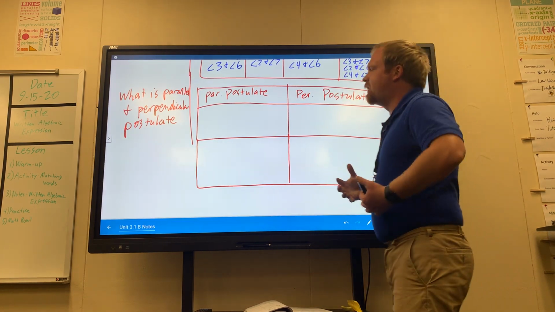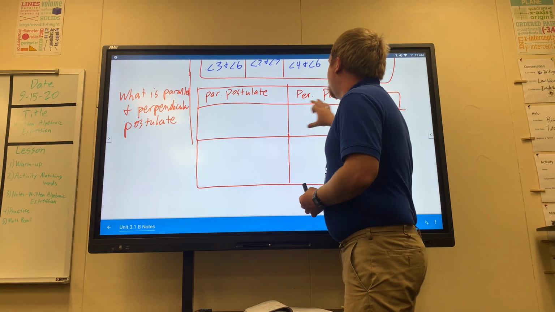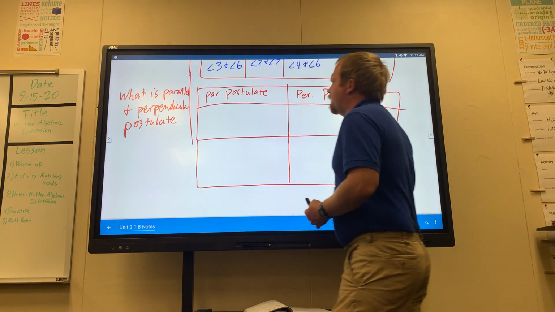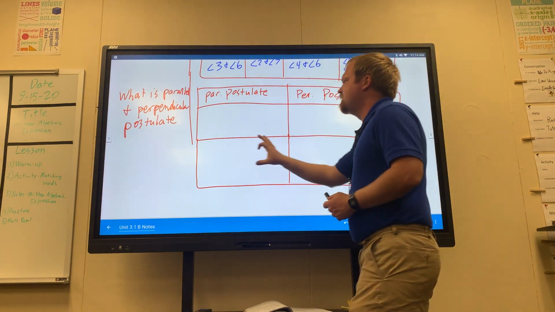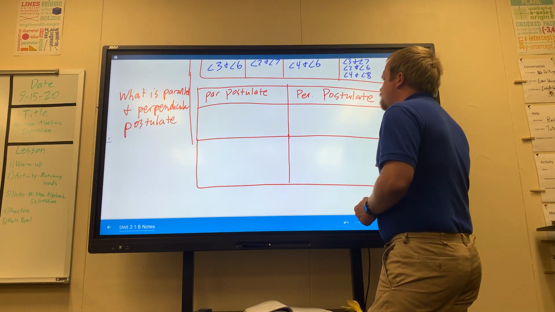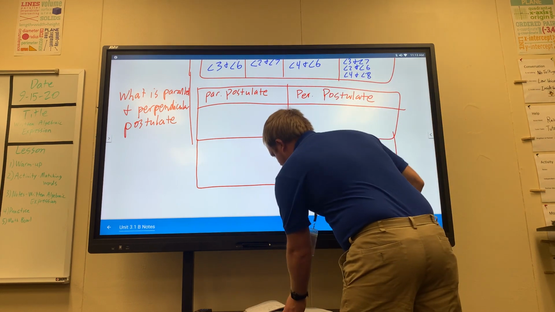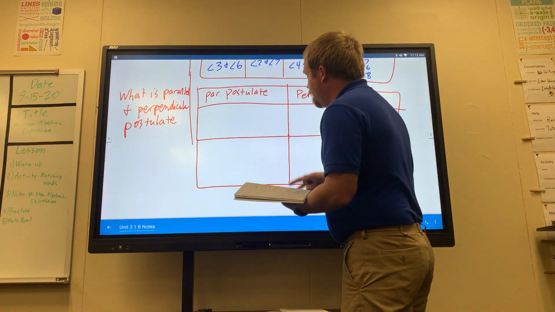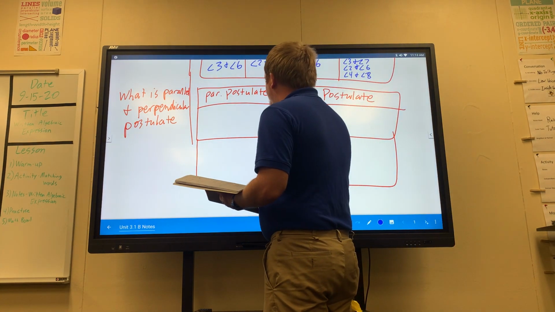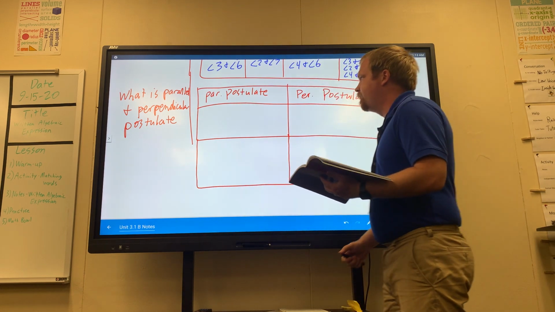Now we have two different postulates. On this row, the second row, we're going to have the definitions for each postulate, and the bottom row will have a picture of it. So let's talk about parallel, which is abbreviated as PAR.